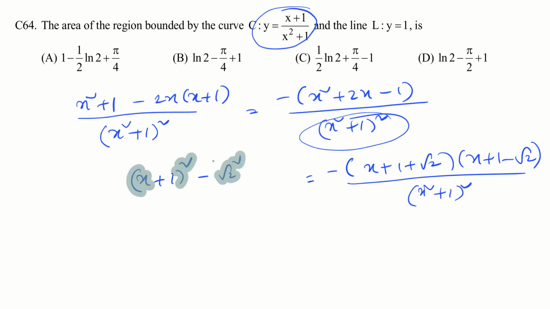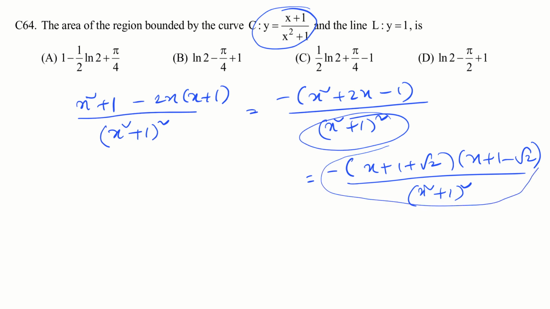So obviously we can see that it is positive between the roots and negative beyond the roots, because the leading coefficient has a negative sign. The roots are nothing but minus root 2 minus 1 and root 2 minus 1.